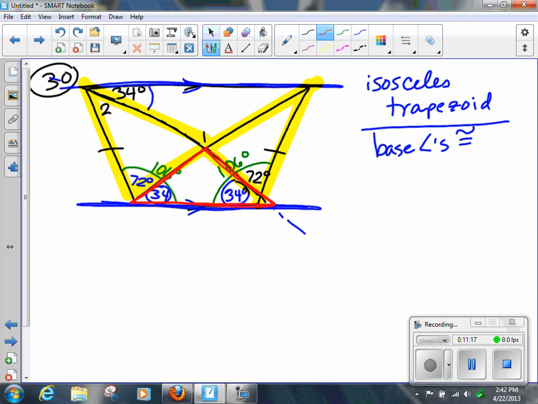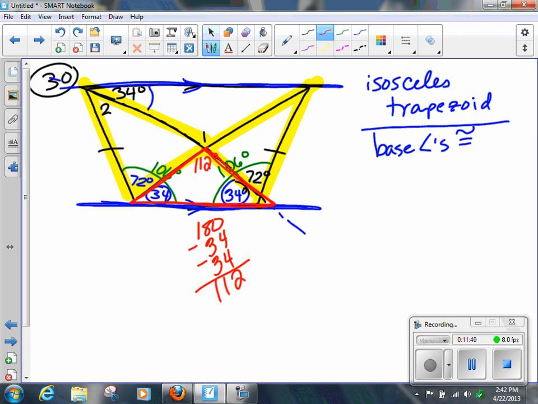Actually, that would be it, but I just see things differently. It's all right. You're seeing it one way and I'm seeing it another way. Watch what's going to happen, though. Can I find this angle down here, this top angle in the red? If I go 180 minus 34 minus 34, that's 68 from 180, which is 112.